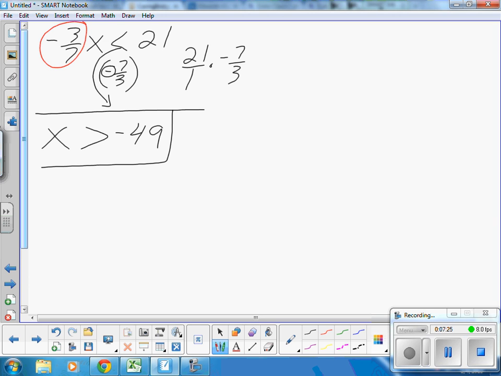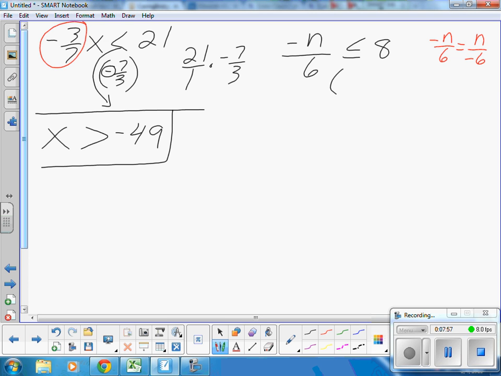Example number 2. A negative n divided by 6 is less than or equal to 8. I'm dividing by a negative 6, so I need to multiply. Oh, I said I'm dividing by a negative 6. Interesting. So what Mr. Altobelli is saying is a negative n over 6 is the same as n over a negative 6?